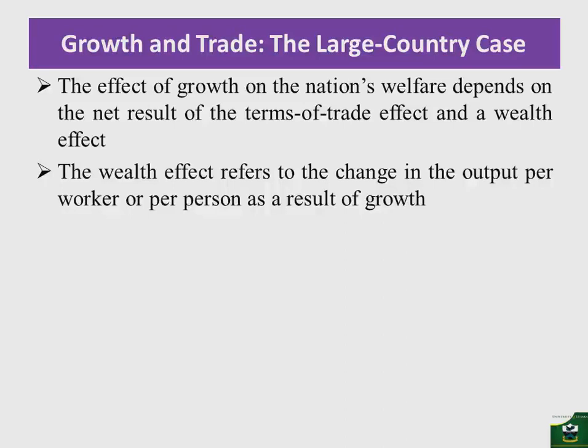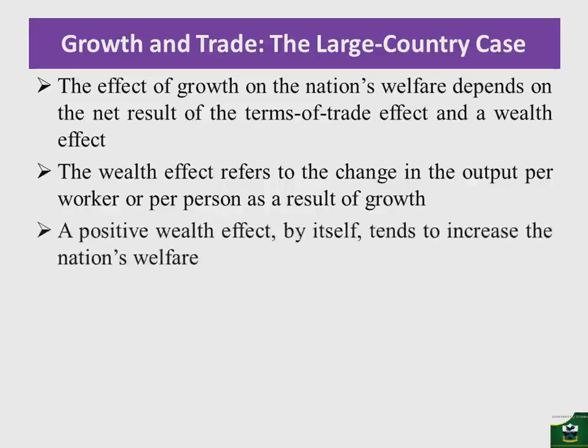So in other words, we are measuring wealth or output per capita, which is in relation to the entire population, so that we obtain the average. And out of this, if each individual's average output has increased, then we have an improvement in the welfare. So from this, we will note that a positive wealth effect by itself tends to increase the nation's welfare, whereas a negative wealth effect will reduce the nation's welfare.